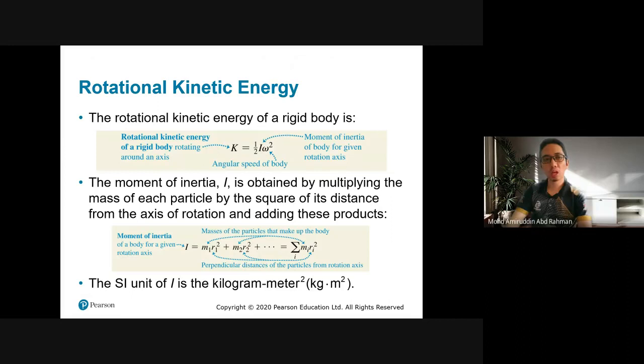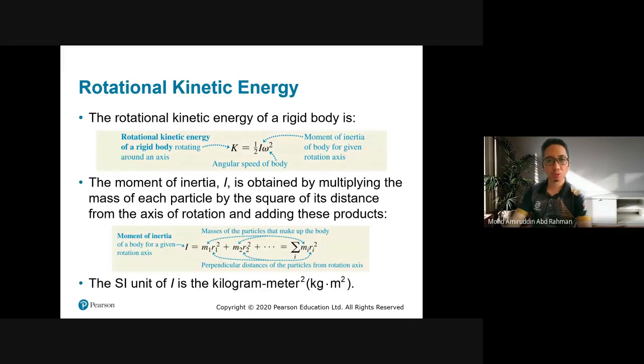Okay, now we have the concept of rotational kinetic energy. The rotational kinetic energy is given by K, and it equals half I omega squared. So now we have the term I. So what is I? I is the moment of inertia.